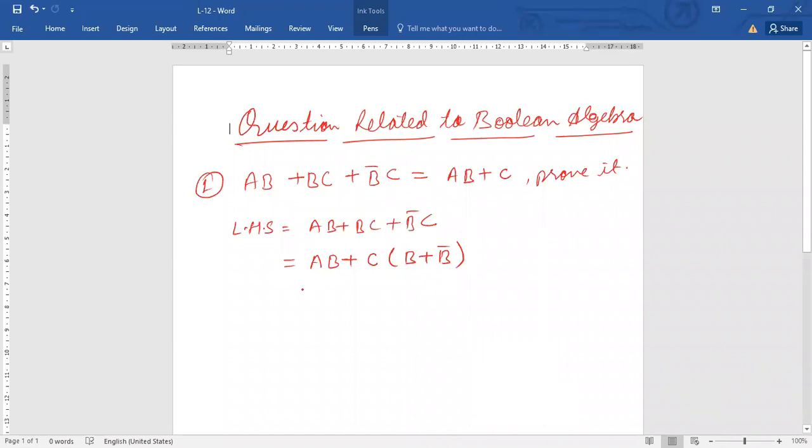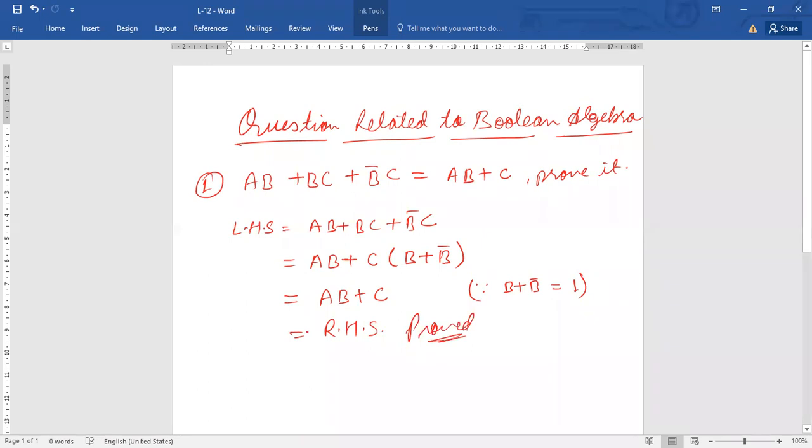We know that B plus B bar is equal to 1. So here we can write it as AB plus C, where B plus B bar is equal to 1. You can see that it is nothing but the RHS, hence proved.